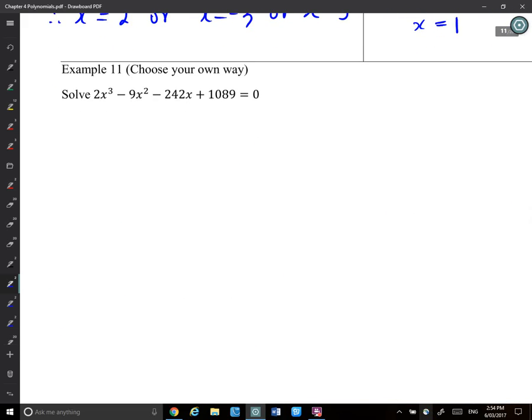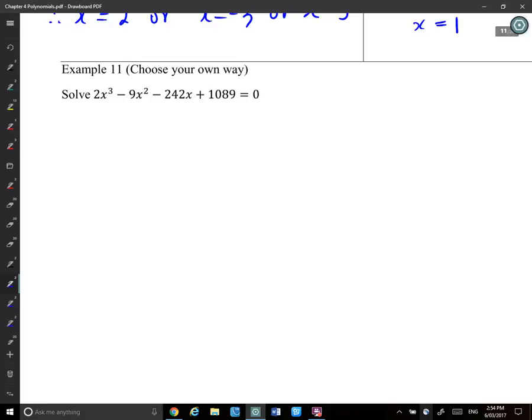For this one, I cannot remove any highest common factors, and for this one, I can't use the a cube plus b cube method. So we only have two ways. One is finding a linear factor. The second one is grouping.